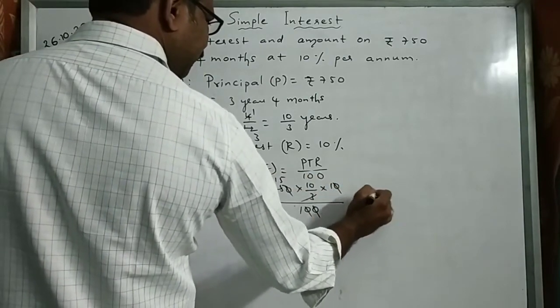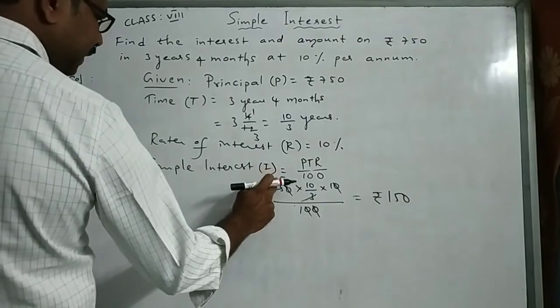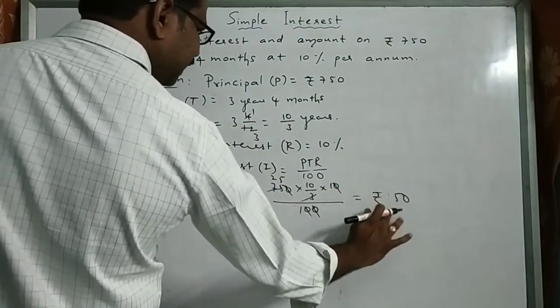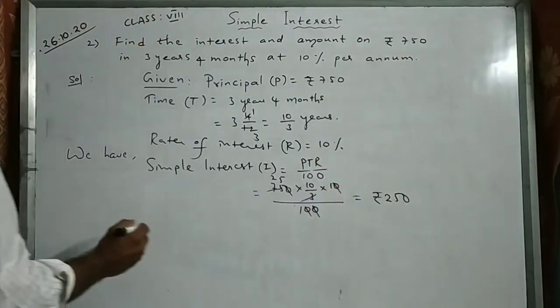So rupees 150 is the interest on how much? 150. So 3 twos are 6, right? 25 tens are 250. That is the interest on rupees 750.